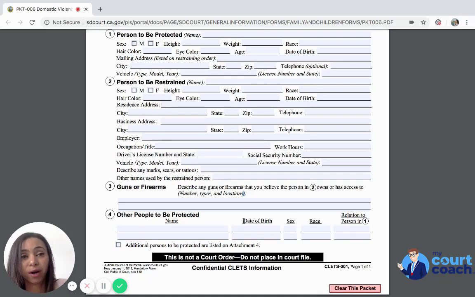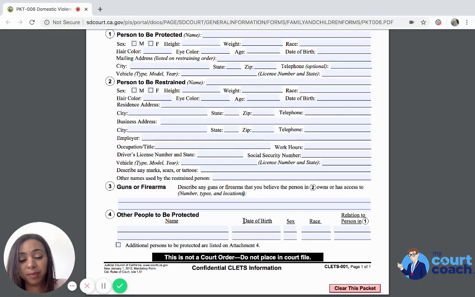So if your brother is out and about and they can be protected by your restraining order, because you've listed them on there, and they also have to stay 100 yards away from your brother, and your brother is listed as another person protected on this CLETS form, and he needs to call the police, then the police can go ahead and take proper action against the abuser.